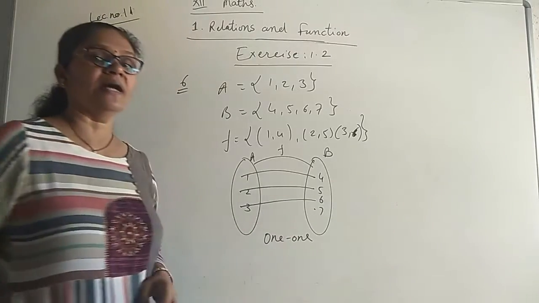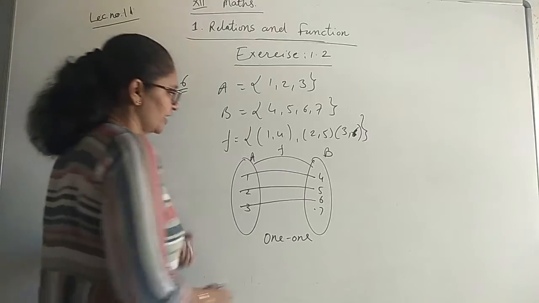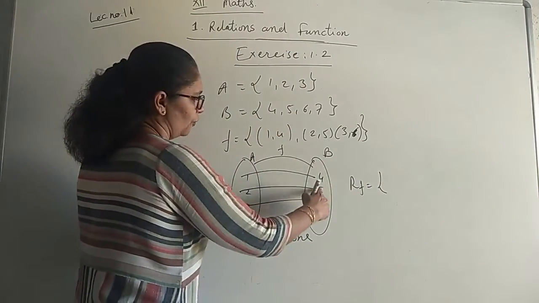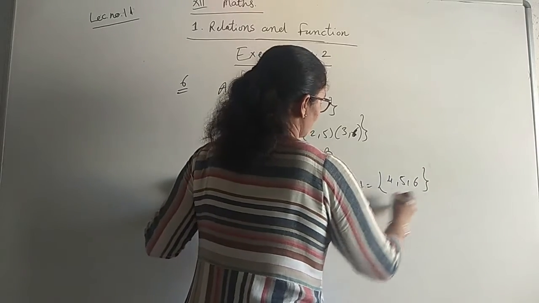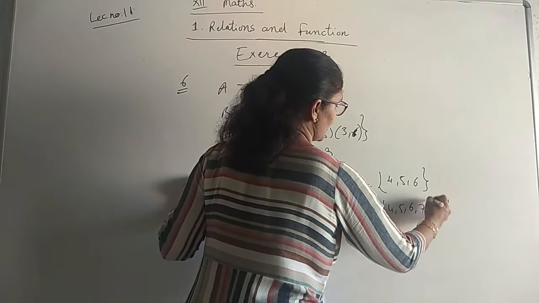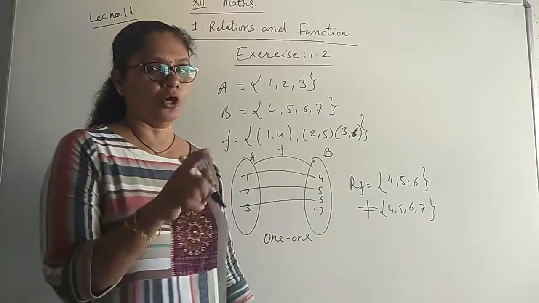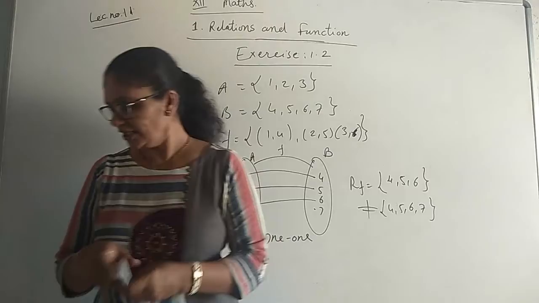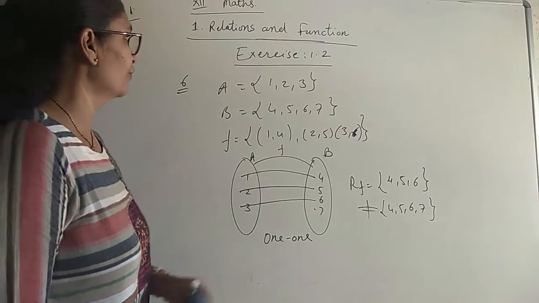But if I want to ask for the same question whether it is onto or not, how can we check it? First we have to write the range of this function. What is the range? 4, 5 and 6 only we are getting as an answer, which is not equal to {4, 5, 6, 7}. So what is the meaning of it? Range and codomain are not the same. If so, then this is not onto. But in your textbook only one question is asked, that is you have to check whether it is 1-1 or not.